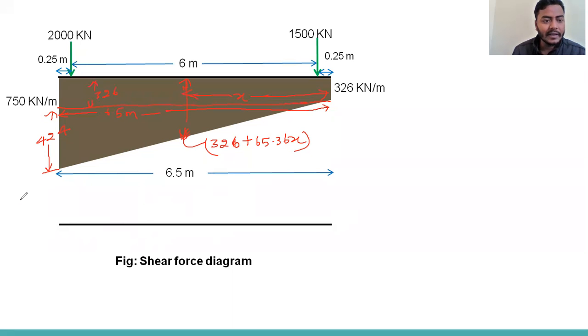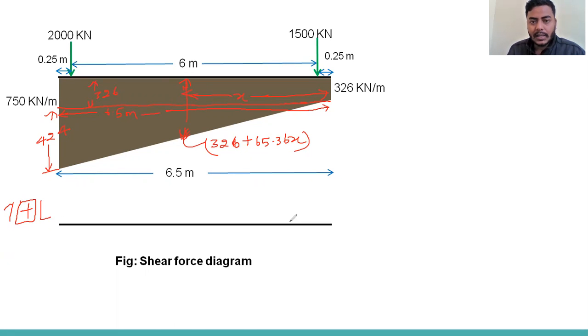I'm taking some sign convention. You always have to take a sign convention. I'm taking this sign convention: coming from the left side, downward force will be positive and upward force will be negative.